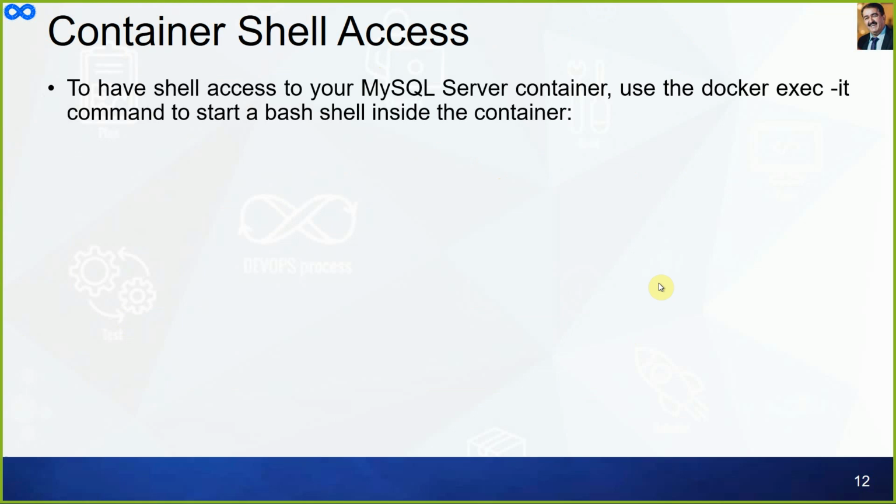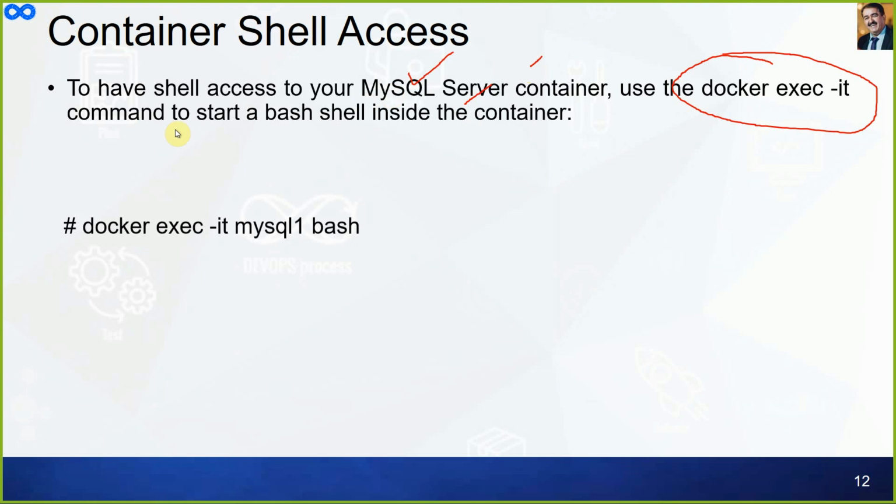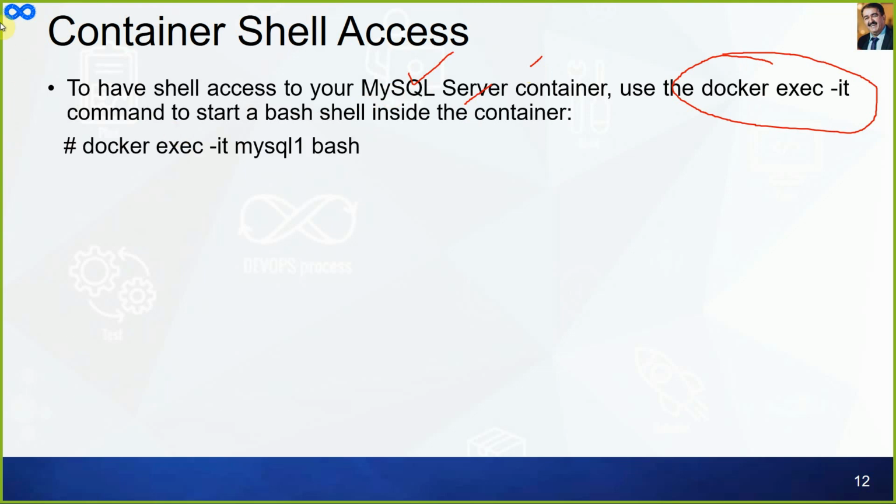Container shell access. To get the shell access inside the container, like the MySQL server container we have just now launched, you can use docker exec -it followed by bash or the shell name, like this: docker exec -it container name and the shell we want to execute inside it.